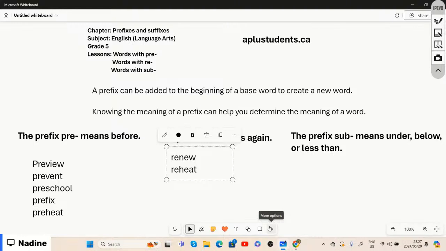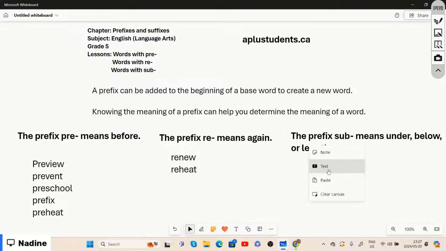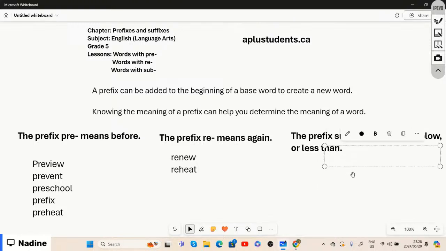All right, and let's go to sub. Then we have the prefix sub. Sub means either under, or below, or less than. And if sub means less than, then it can mean subtract, because that means less than.